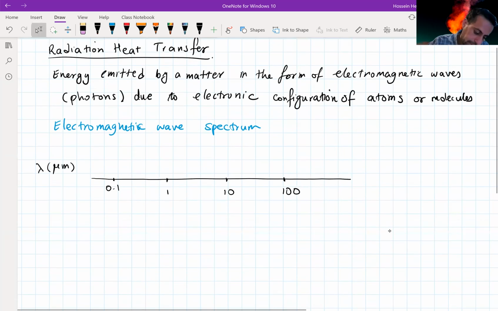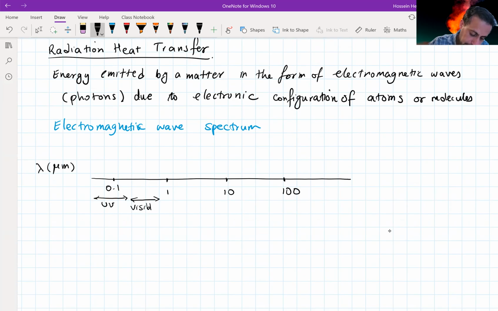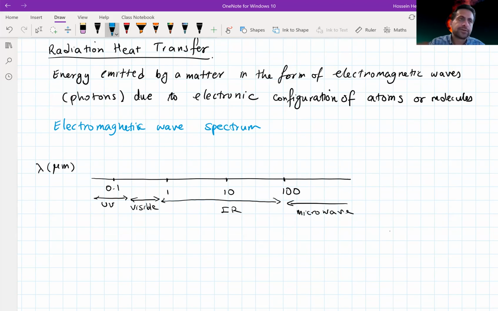Now, here is what we have in terms of UV. This is a zone that we have visible. Here we have infrared. And from here, what we have is microwave. Visible is between 0.5 to 0.76 micrometer. That's the wavelength of that.